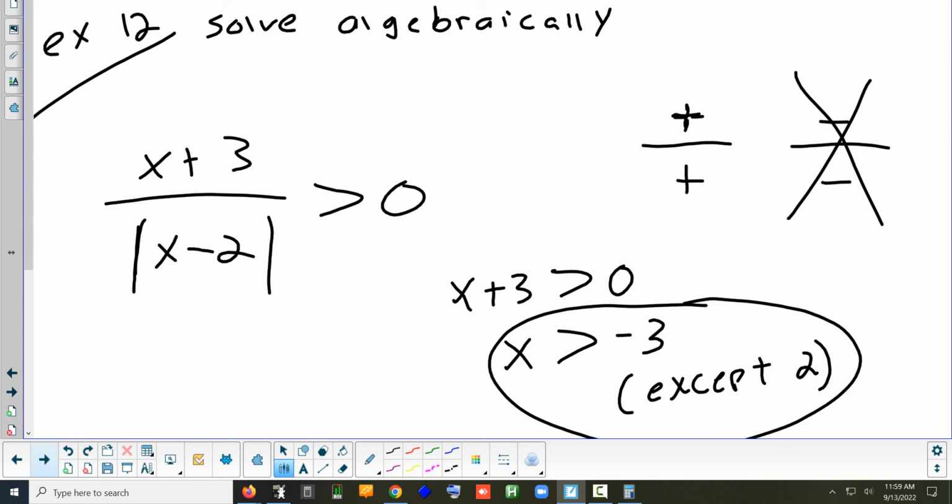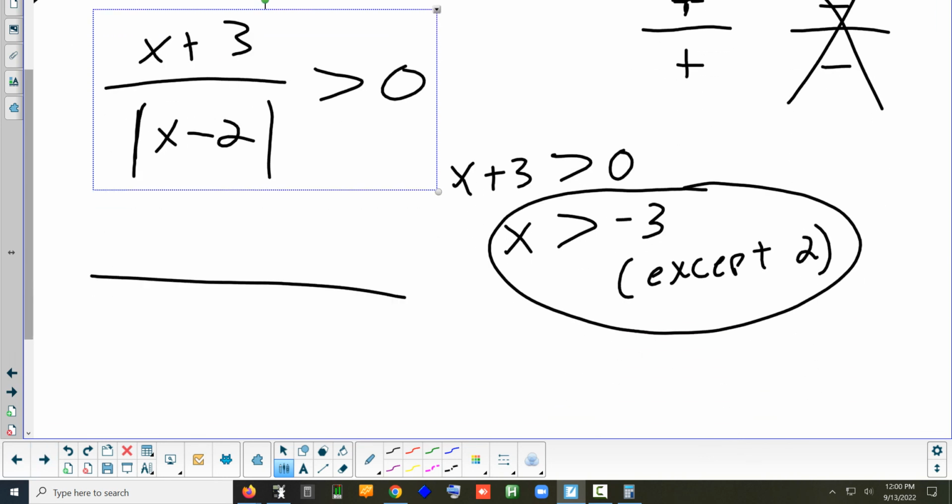So we could pick any value that's bigger than negative 3 that will guarantee the top comes out positive, and we just can't pick 2 in the bottom. So this is anything greater than negative 3 except 2. How would you graph that? Like this.